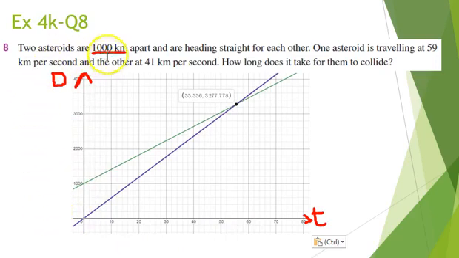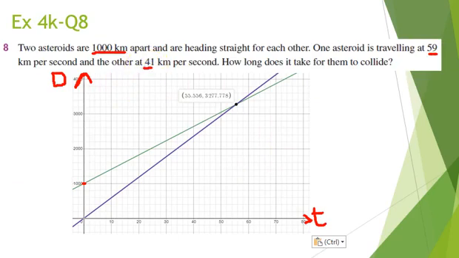Okay, so again, they are 1,000 kilometers apart. So if I choose the reference of the first point to be at 0, 0, at the same time the other one will be 1,000 kilometers apart, which is over here. Okay, so that's the direction that I'm going to go. Now, we've got two different speeds, 59 and 41 kilometers per second.